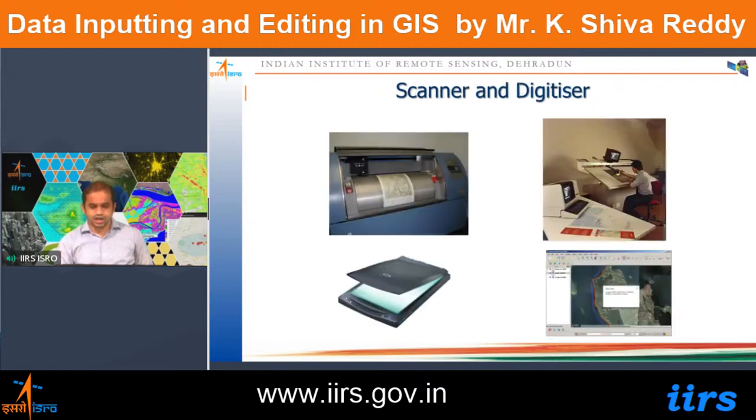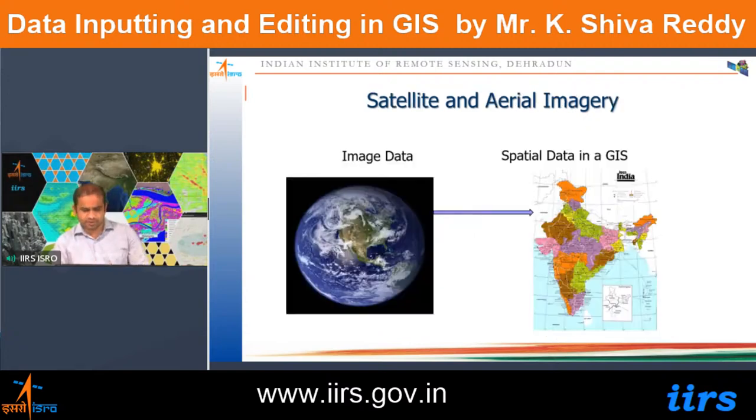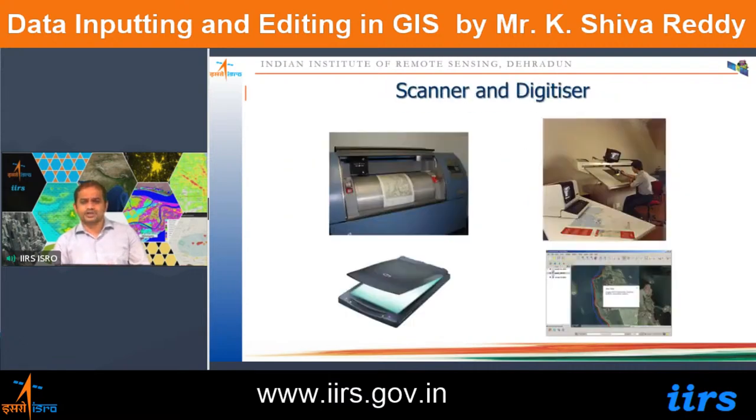Now, in order to do this digitization, if you don't have digital maps, as in the case of topo sheets, the only option is to use a scanner and digitizer. If you have long or bigger maps, you use what are called drum type scanners.